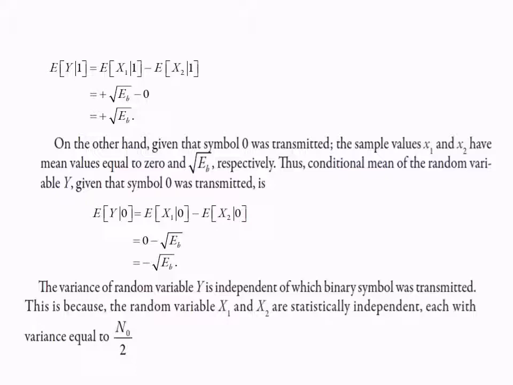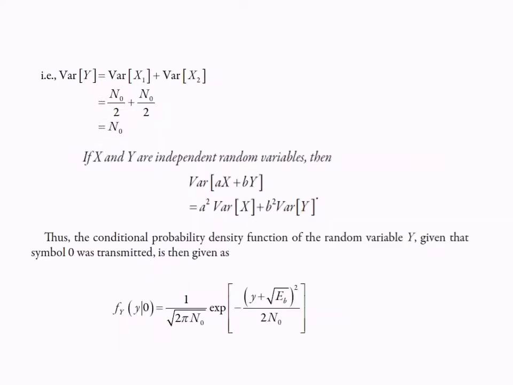Now we need to calculate the variance of random variable y. The variance of random variable y is independent of which binary symbol was transmitted. This is because the random variables x1 and x2 are statistically independent, each with variance equal to N0 by 2. Now for that we are going to use this formula.